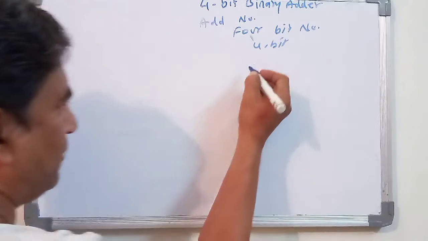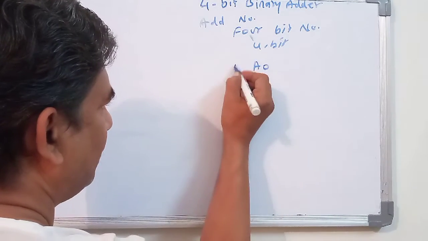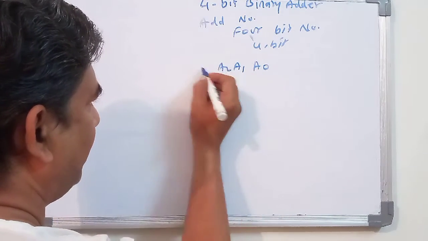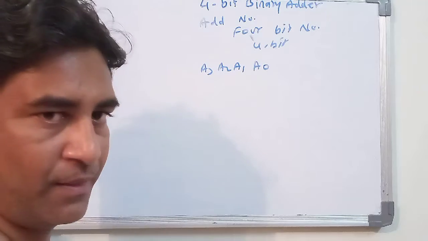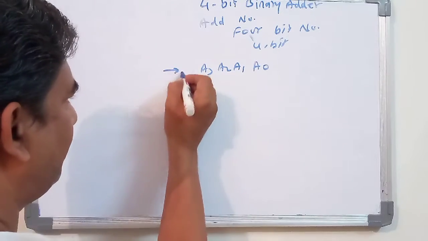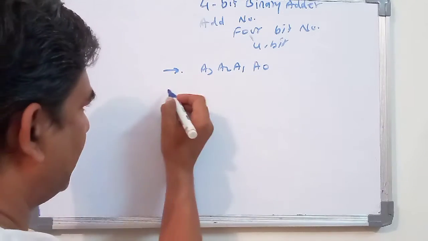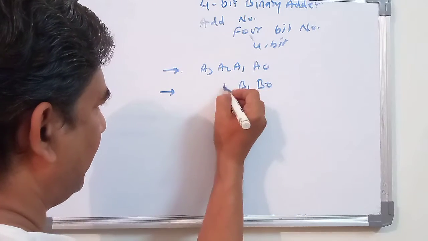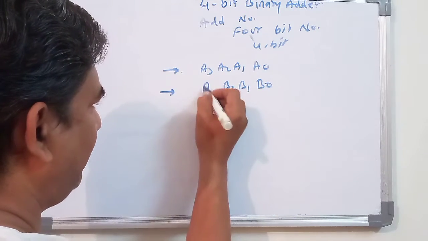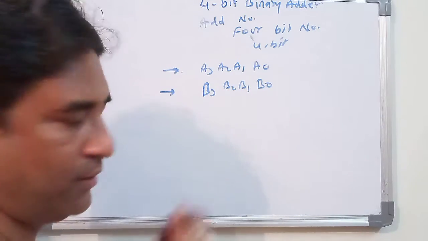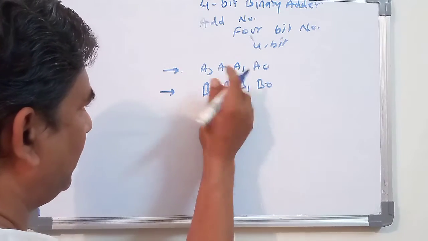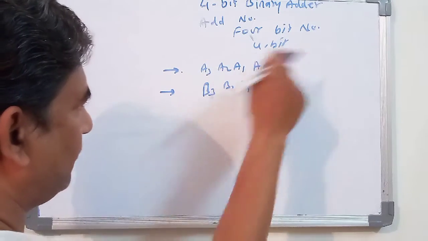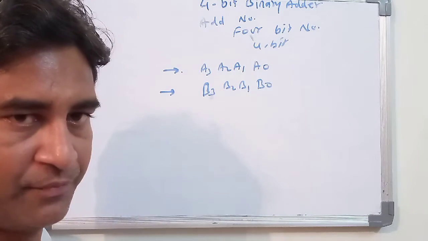So suppose you have the values A0, A1, A2 and A3 for the first number. Consider the second number as B0, B1, B2 and B3. Okay, students. So here the 4-bit values are present.